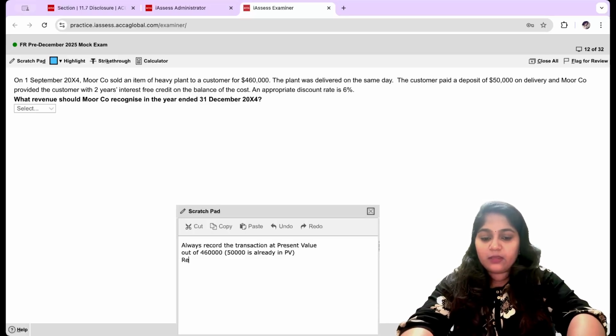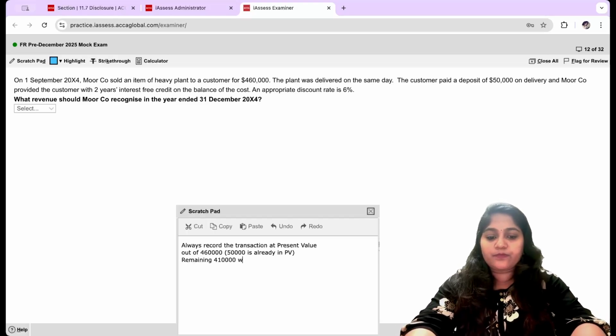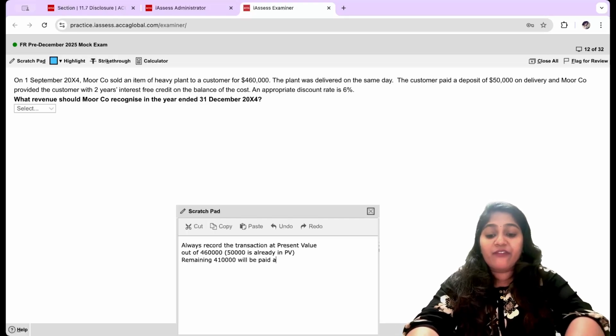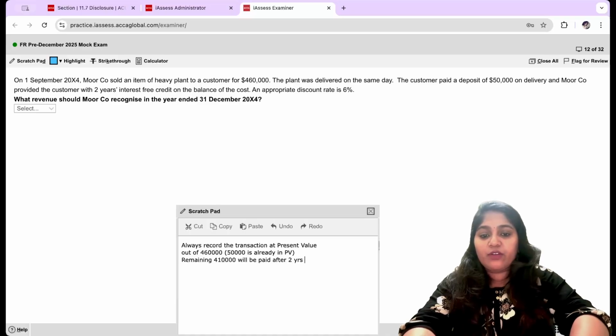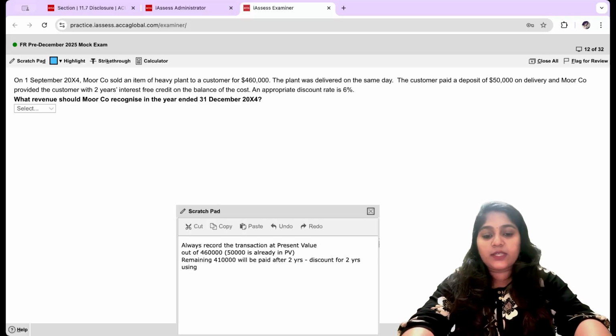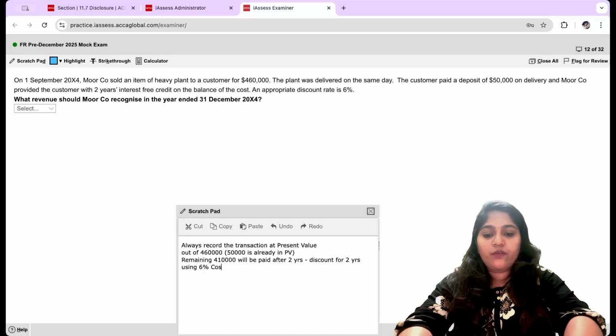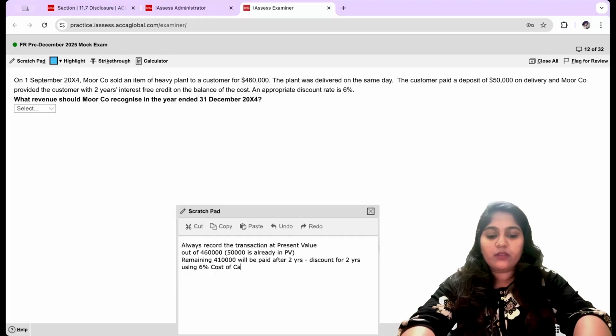But the remaining $410,000 will be paid after 2 years. I have to now discount for 2 years using the 6% cost of capital or rate of interest.